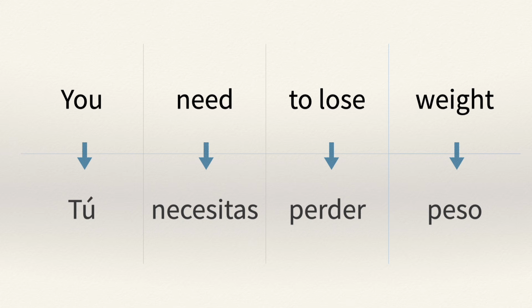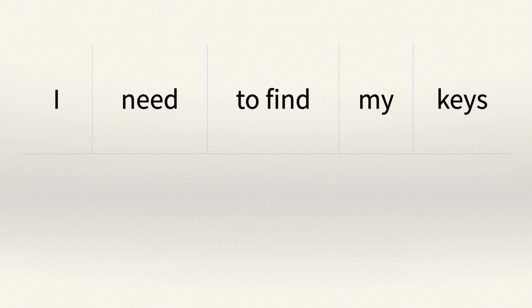All right, so here again we have 5 words in the English sentence, but in Spanish it's going to be 4 because of that second verb. Here's another example. I need to find my keys. How do you say I? Yo. Need, necesito.